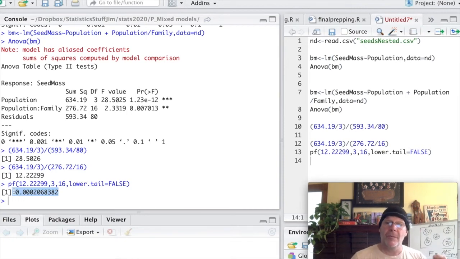Okay, and so that's a traditional classic approach to dealing with these types of hierarchical or nested models. And I'll point out when thinking about experimental design, it's often really tempting to say, oh, we're going to do this nested design because it's really powerful.